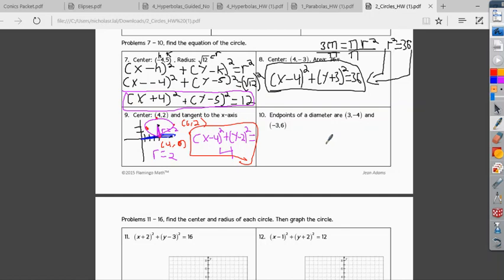Here, the center is going to be the midpoint of the diameter.